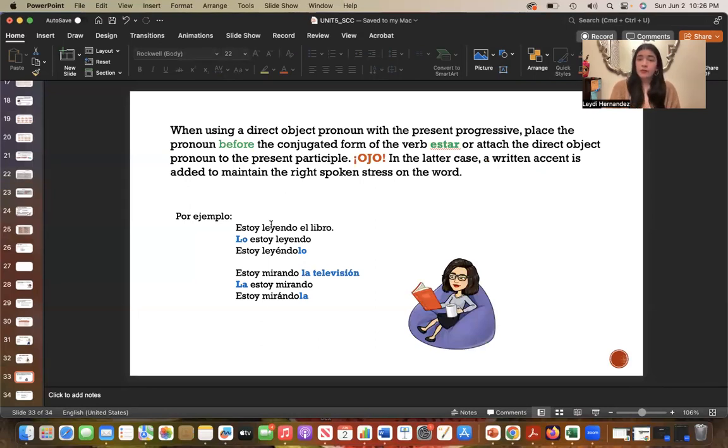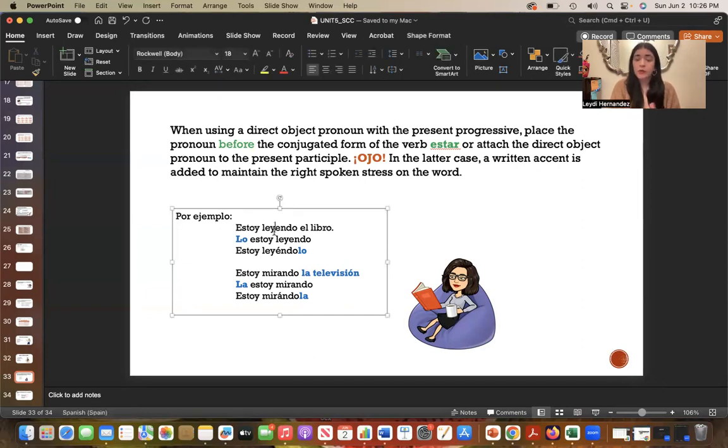That is a verb composed of two verbs. We have two verbs, so we have two options with the direct object pronouns. We can place the direct object pronoun right before the conjugated verb, or we can just attach it at the end of the second verb, together.